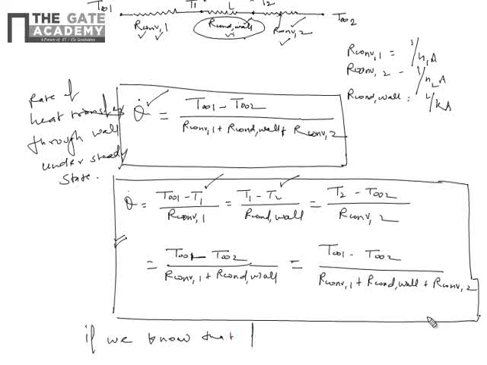So, if we knew the fluid temperatures and thermal resistance, we can get the surface temperature T1 and T2.